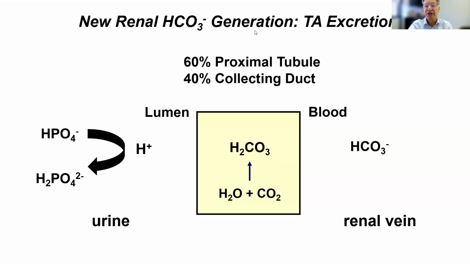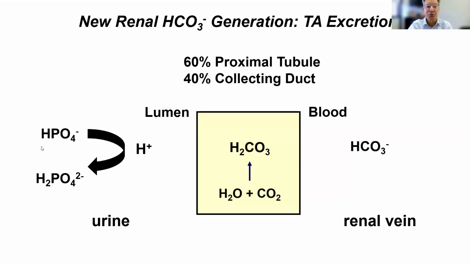The other way we generate new bicarbonate is both in the proximal tubule and the collecting duct, and that's via protonation of phosphate. So protons are secreted via apical membrane proton pump, or in the proximal tubule via NHE3 and the proton pump. And any phosphate that's protonated in the lumen, we don't only protonate bicarbonate in the proximal tubule, we also protonate any buffer that has the appropriate pK.